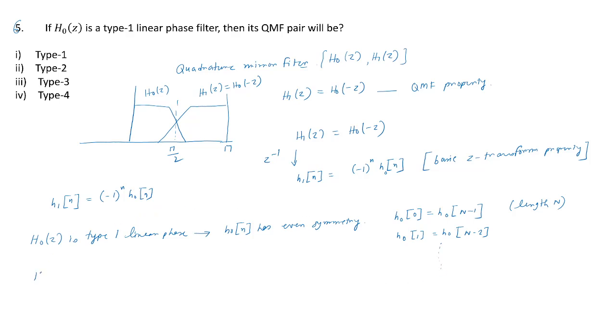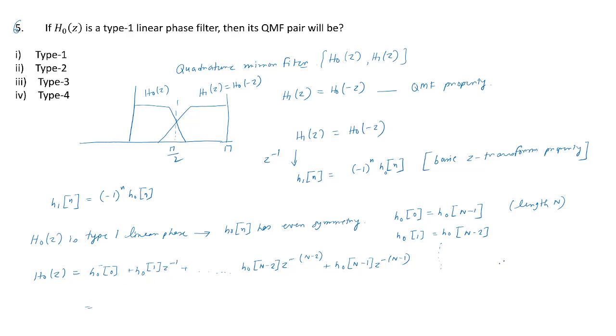So if I write down the Z transform in terms of the impulse response, let me correctly write it down: h0(0) plus h0(1) z^(-1), and so on, up to h0(N-2) z^(-(N-2)) plus h0(N-1) z^(-(N-1)), correct?